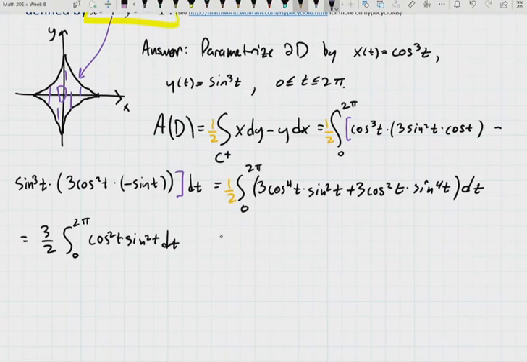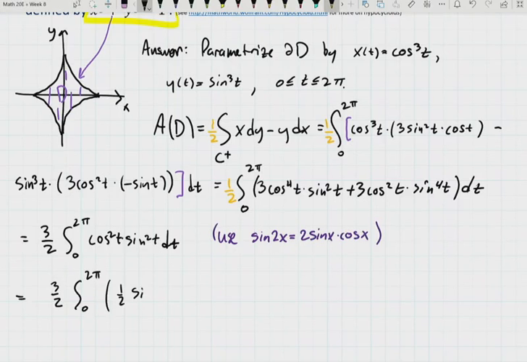I'm going to use the following. Use that sine 2x is 2 sine x cos x to get that this whole thing will be equal to 3/2 integral from 0 to 2 pi of 1/2 sine 2t squared dt.